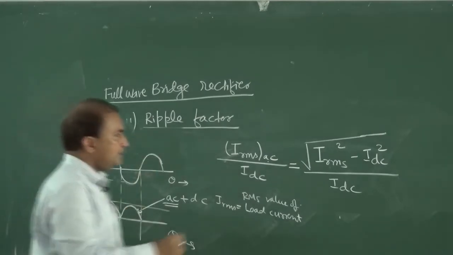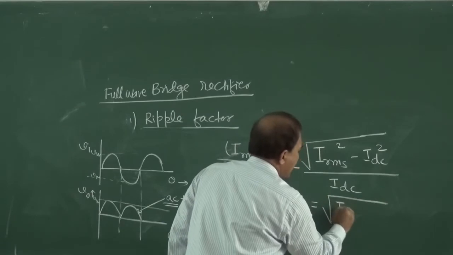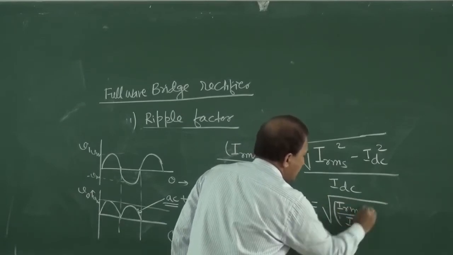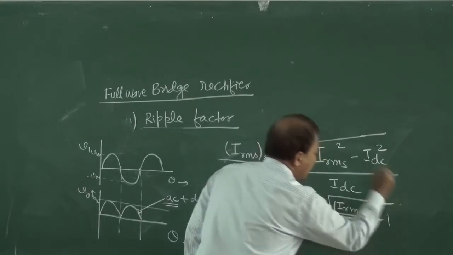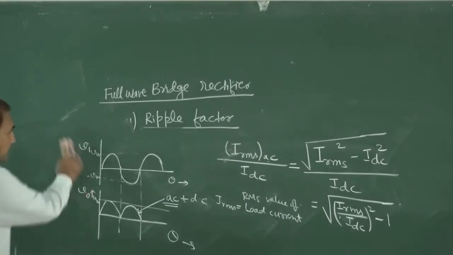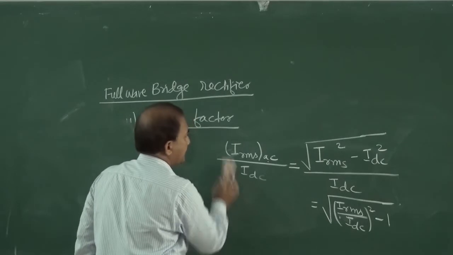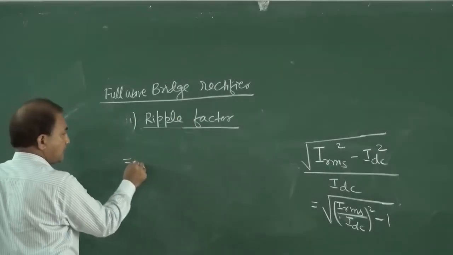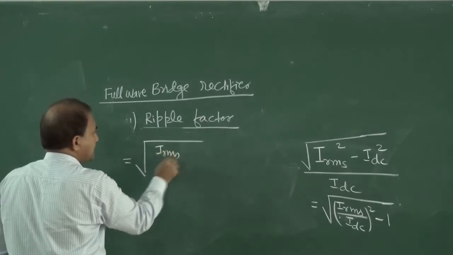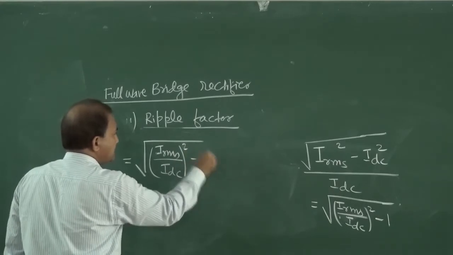So it is equal to the square root of (IRMS divided by IDC) squared minus 1. So we can find the ripple factor as the square root of (IRMS divided by IDC) squared minus 1.